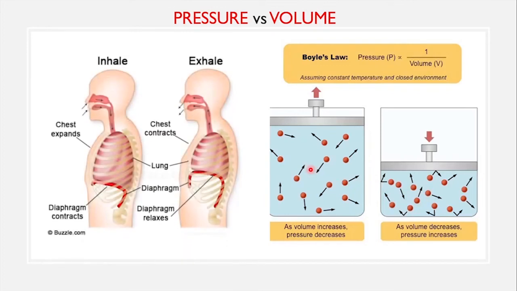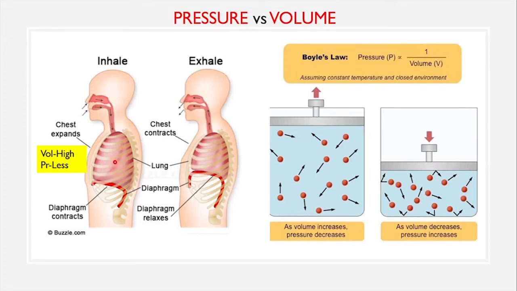The same principle we can apply even in case of our respiratory system. You observe the volumes here. Here, the thoracic volume or pulmonary volume is more when compared to the volume here. The pulmonary volume is more means the pressure is less.